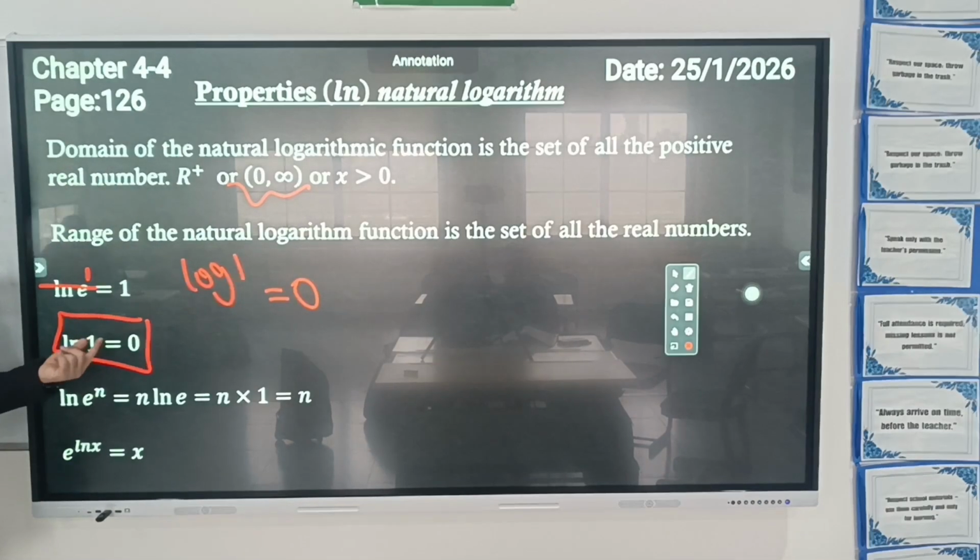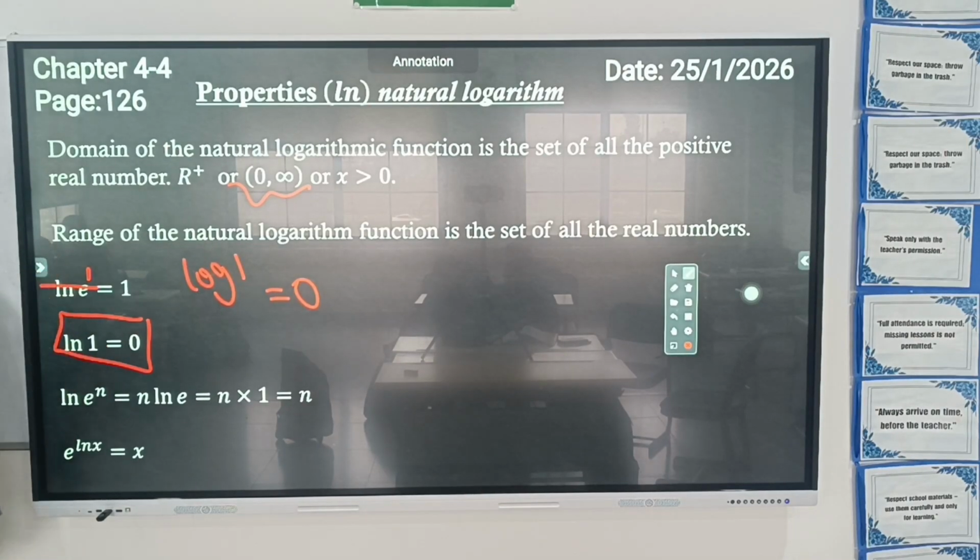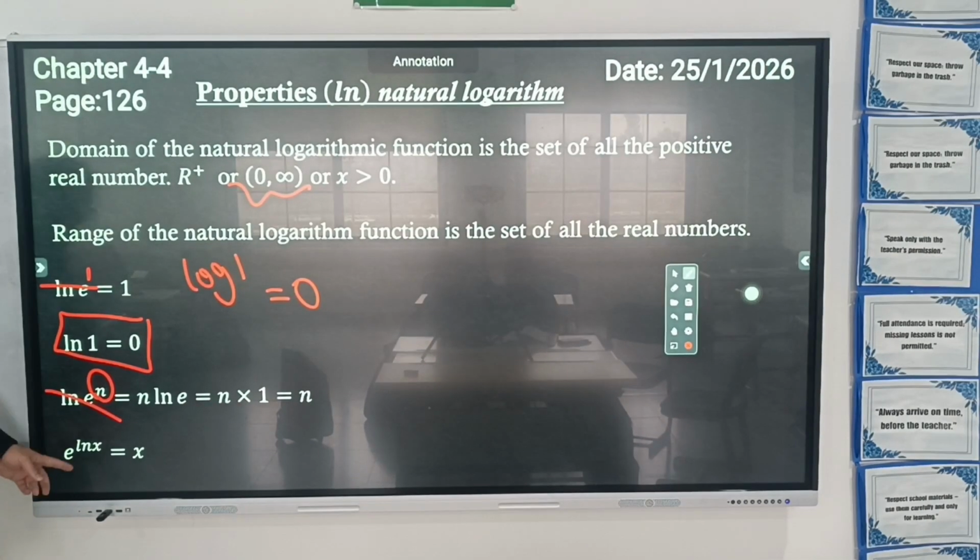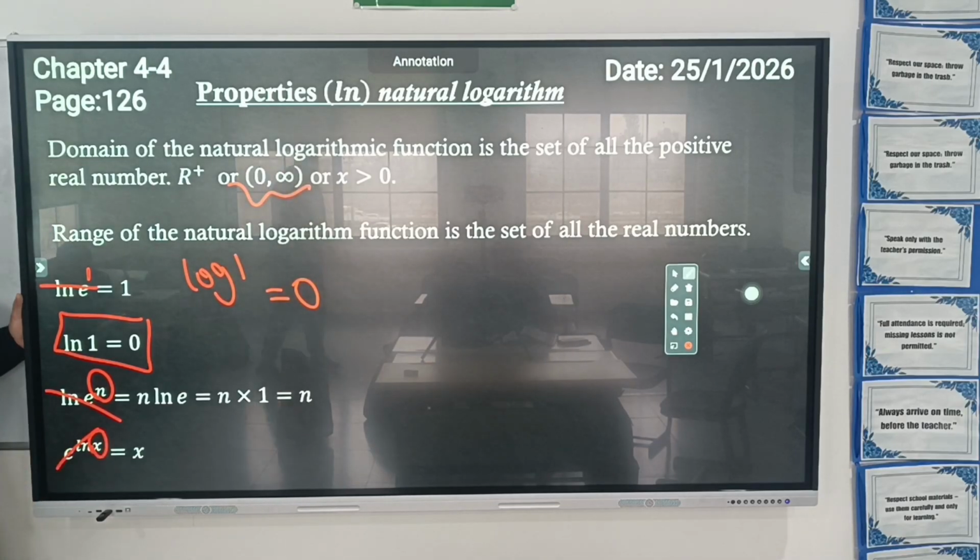We have the same thing for ln: ln 1 equals 0. And whenever there is an exponent, that exponent can go in front of ln. Or simply, ln and e kill each other. What will remain? The exponent. As well as here, e and ln kill each other. What will remain? Only x. So only whatever is with them will remain.